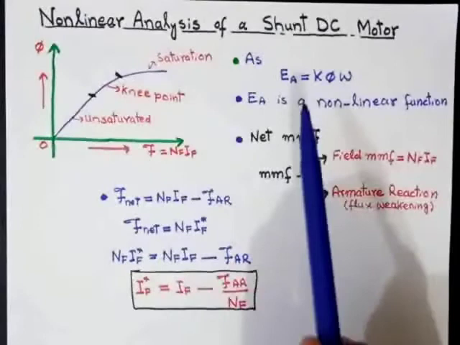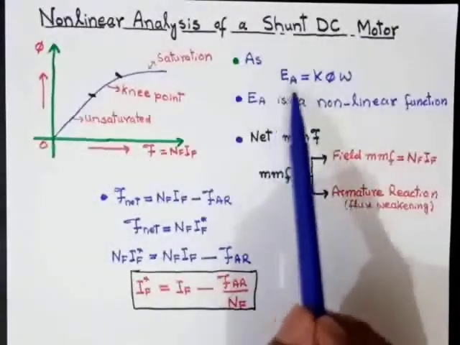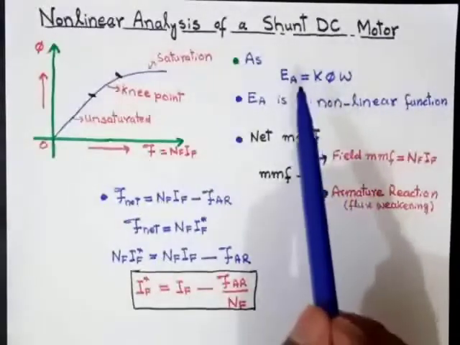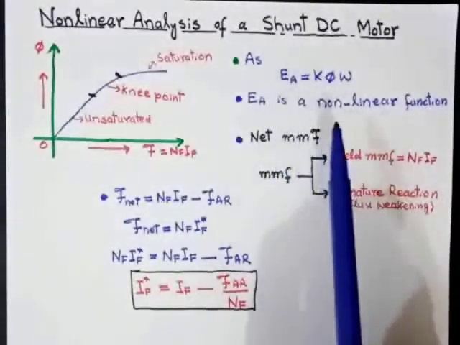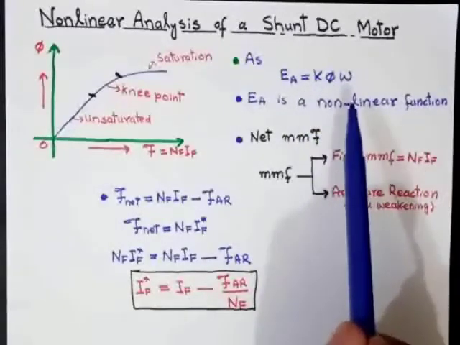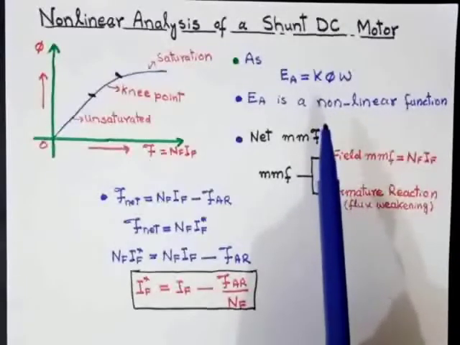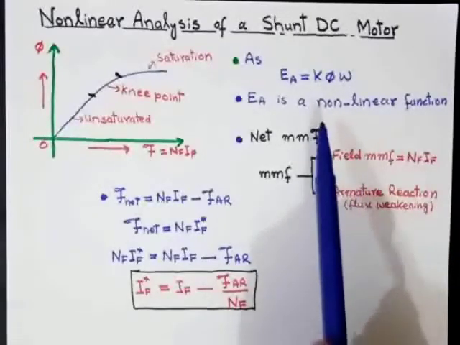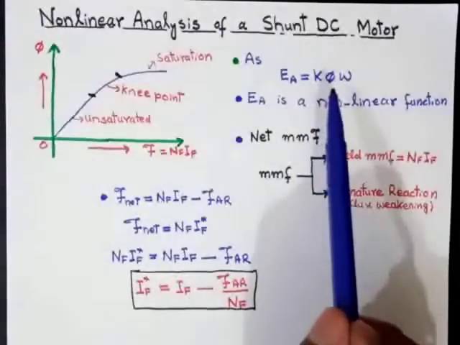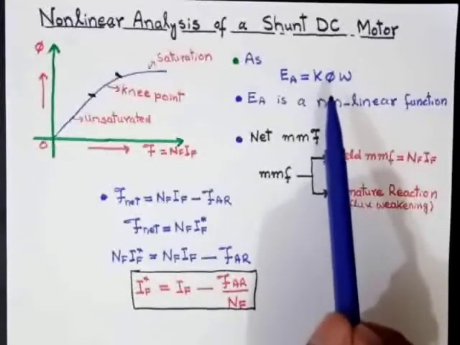That's why, as you can see in this equation, the relationship between flux and internal generated voltage is directly proportional. Due to this, EA is also a nonlinear function of magnetomotive force. The factors that affect the magnetomotive force will directly affect the internal generated voltage and flux as well.